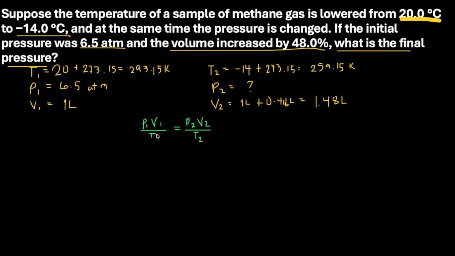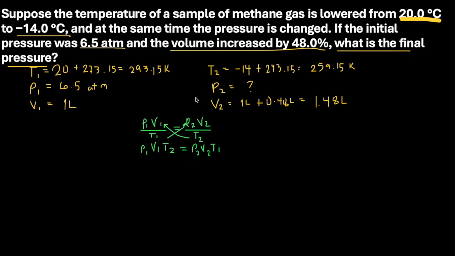Okay, so let's just simplify the equation. So first we can do cross multiplication. So our equation now becomes P1 V1 T2 equal to P2 V2 T1.